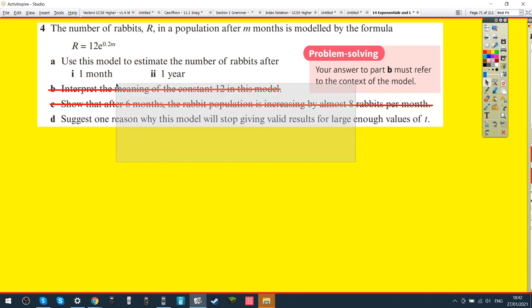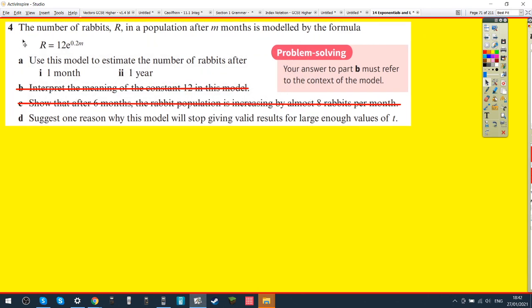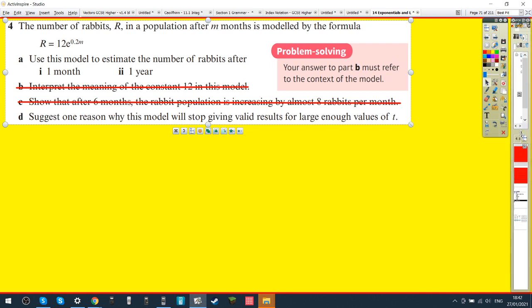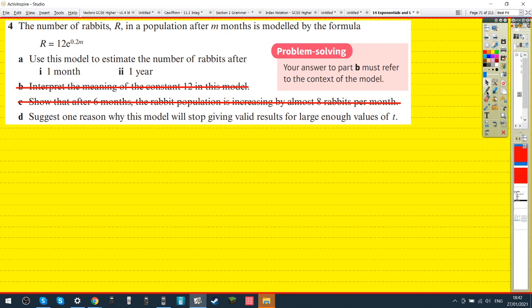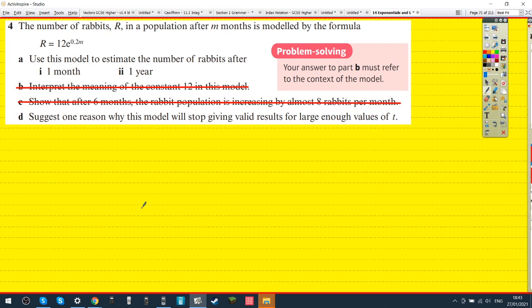Okay, how would you do part A for this one? N becomes 1 in one, and then it becomes 12 in the second one. Well done. And part D? Same as the previous one.